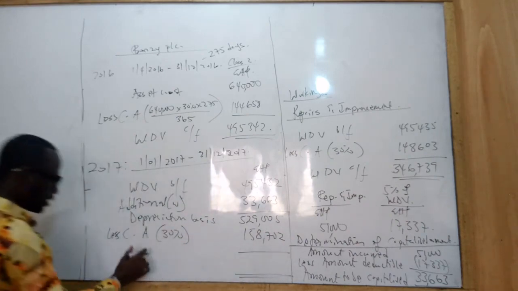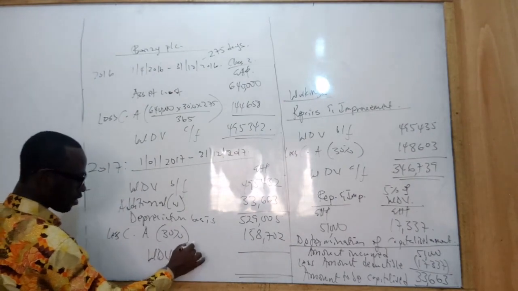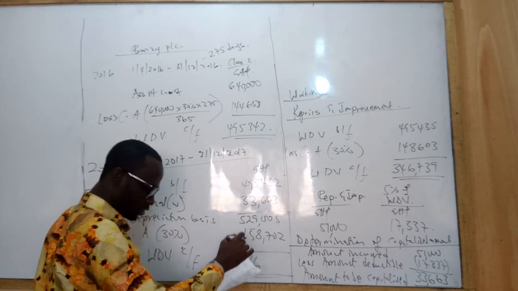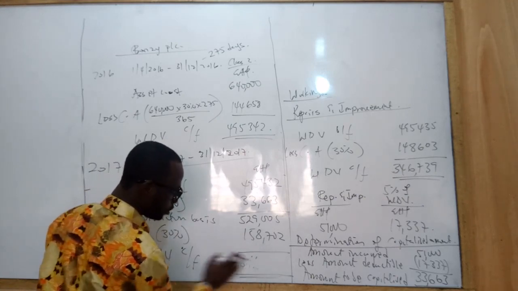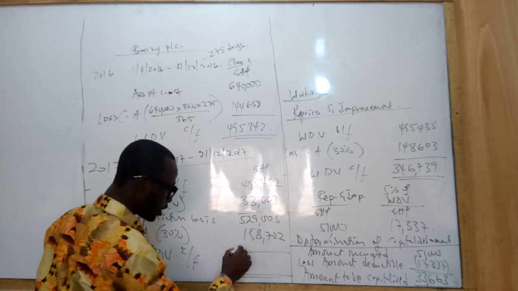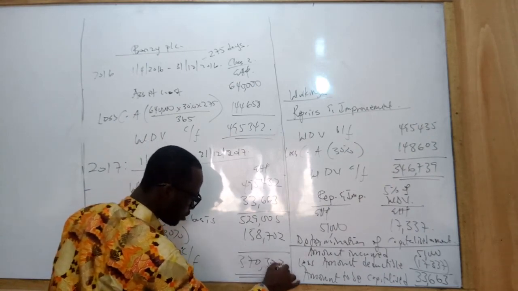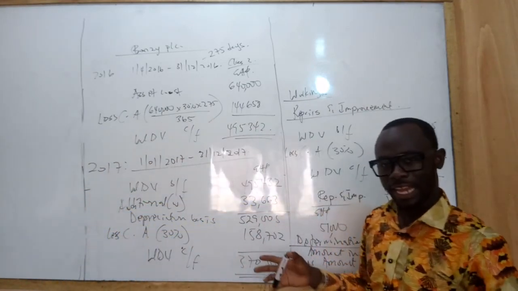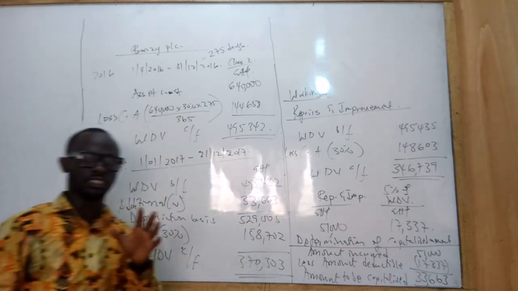So when we less it, the written down value carry forward, it's going to be 346,000. No, not 346,000. 370,303. So this is how we calculate the capital allowance for 2016 and 2017.